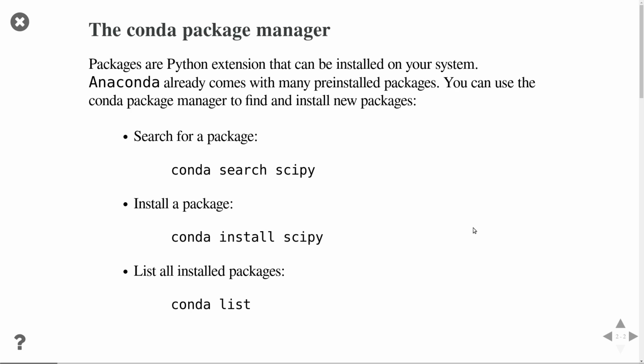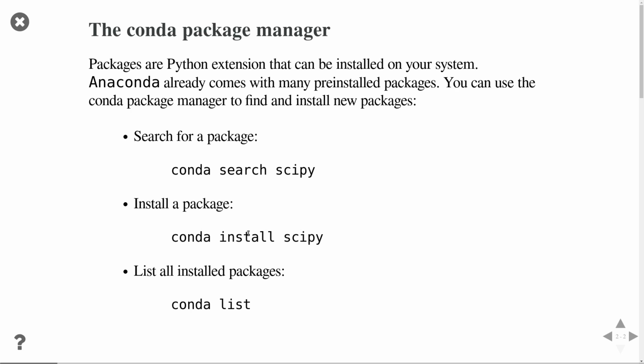And if you want to do that, you use the conda package manager. There are 3 important commands that you need to know. If you want to search for a package, let's say you're looking for a package called SciPy that you would like to install, you can type in conda search scipy, and then it will list you all the packages that contain the word SciPy. And then when you've found the right one, in order to install it, you type in conda install scipy, and after you've installed it, you can use that package.